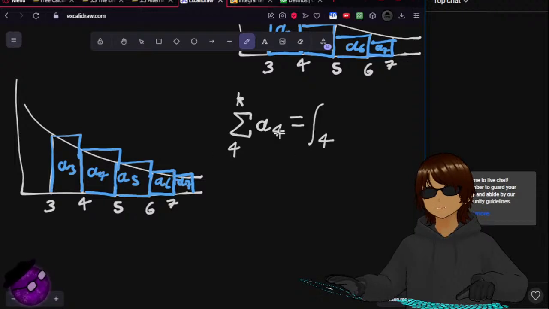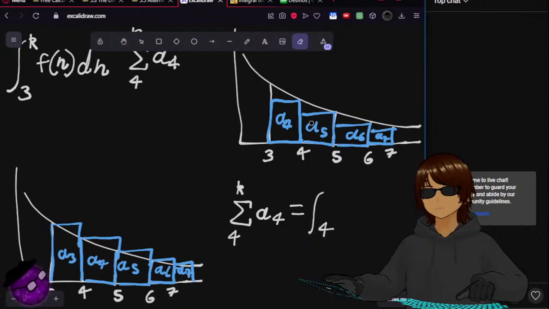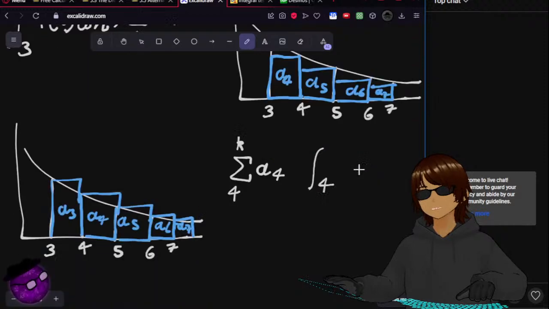Sorry, hold on. What am I doing? It's not this. It's the left. Well, here's the right Riemann sum, so this sum would be less. You have the area under the graph, and the sum of the rectangles would be an underestimate. Over here, the sum of the rectangles would be an overestimate.